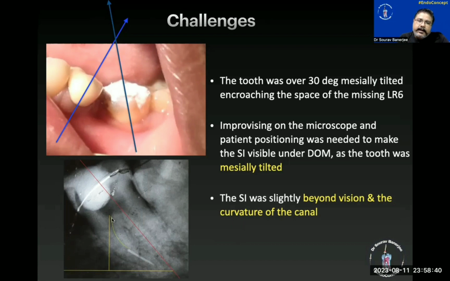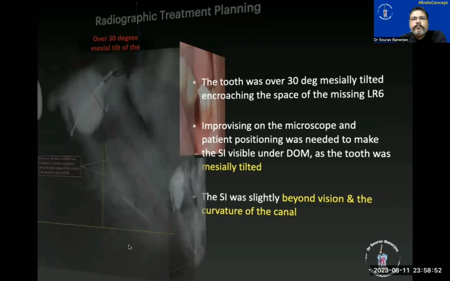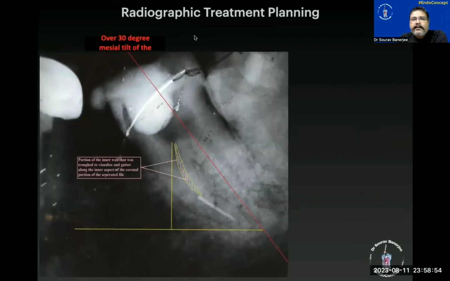We saw that so much dentine should be removed here to visualize the coronal end of the instrument for successful retrieval. Here you can see this amount of dentine was planned to be removed so that we could visualize the coronal end of the file and effectively remove it.